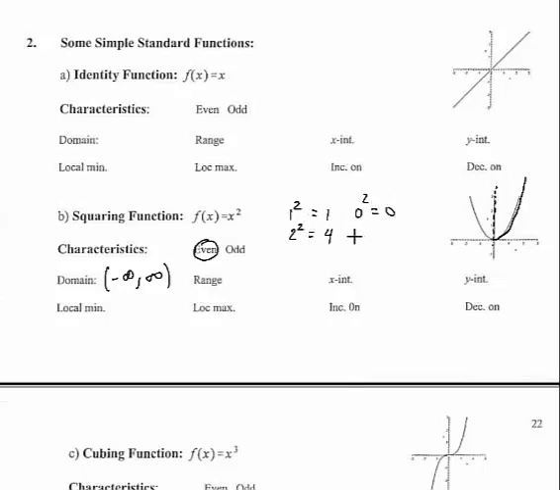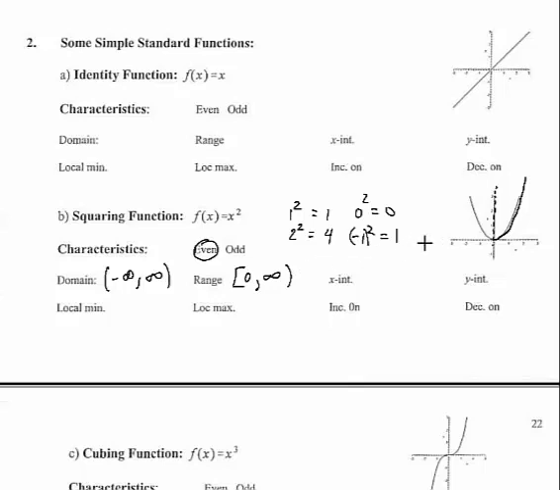Now, if I square a negative number, I begin to get more positive outputs. So whether it's a positive or a negative number, if I square it, I get a positive output. So in other words, our range only includes real numbers from 0 to positive infinity.